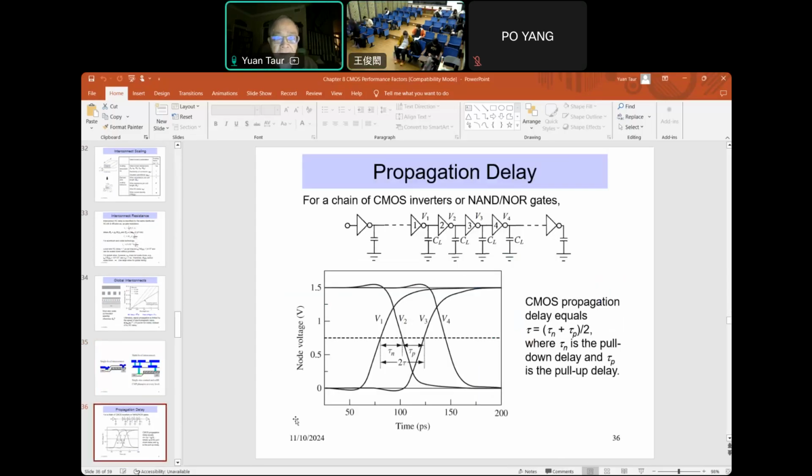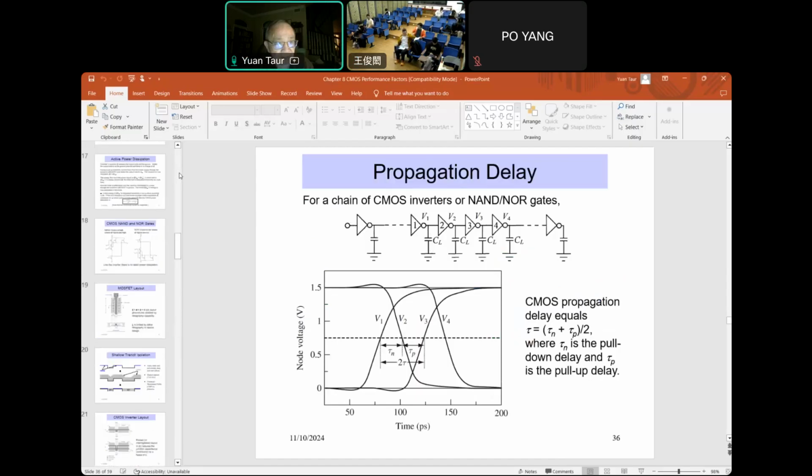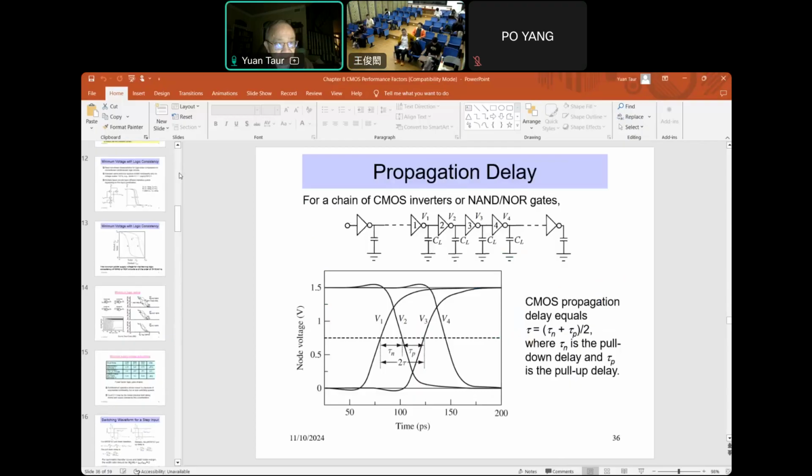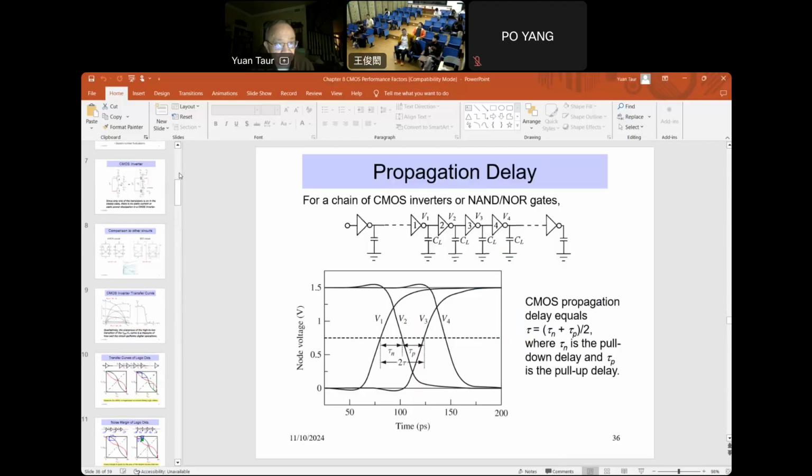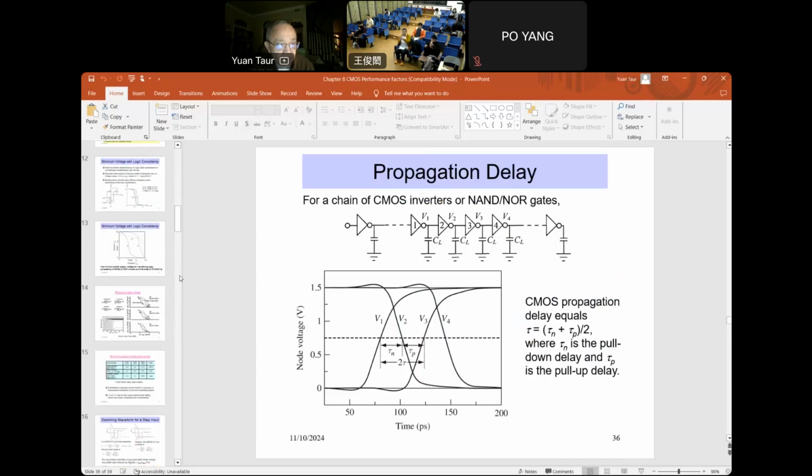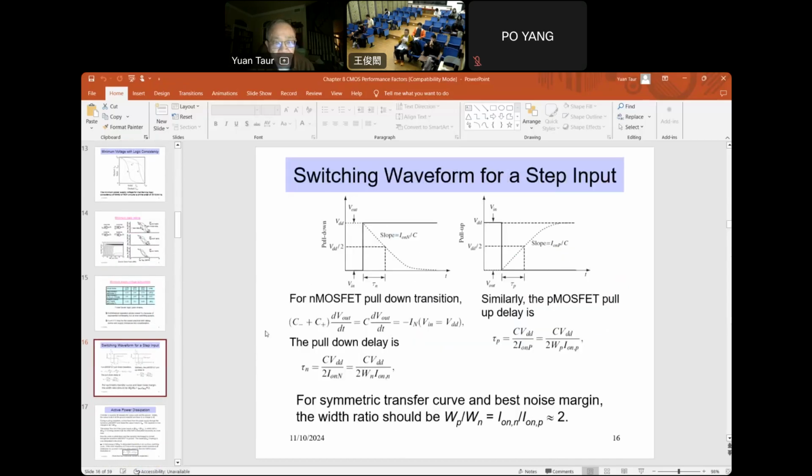Okay. The next part is what we call the propagation delay. Now, the CMOS delay, we discussed it earlier, but we assumed that the rise time and the fall time is 0. Let me show you here, this chart.